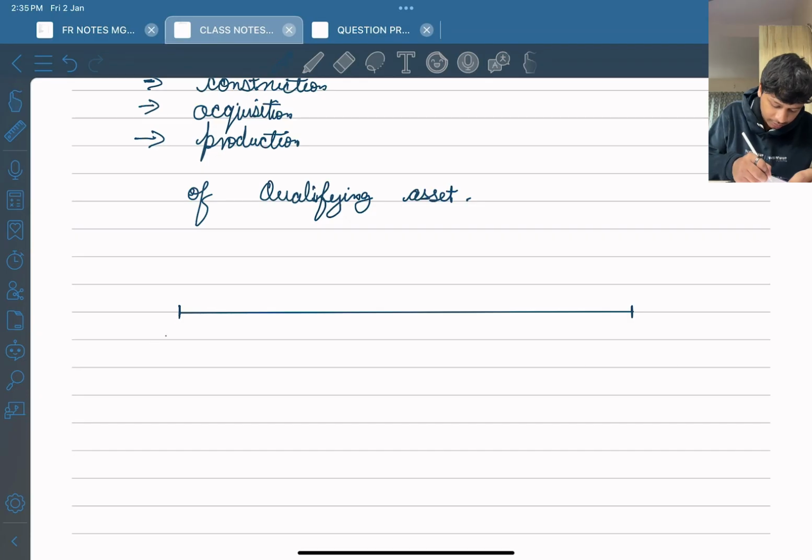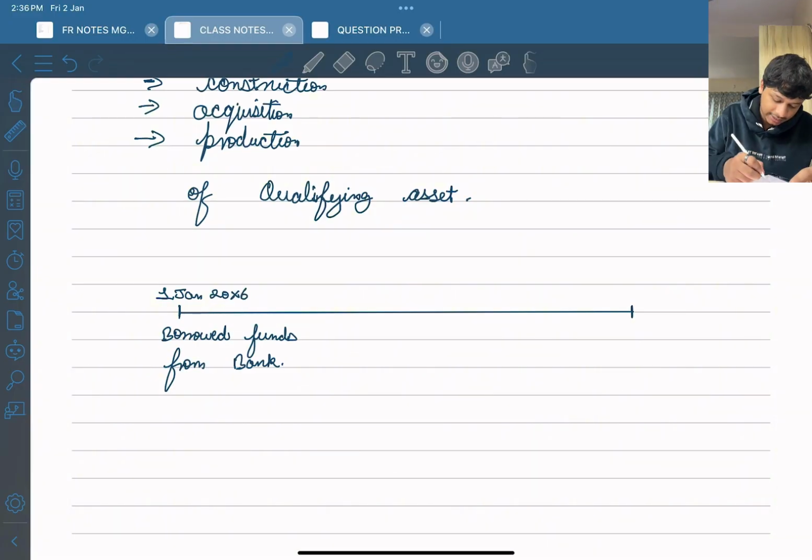Here we borrowed funds from the bank. Let's say this date is 1st January 20x6.